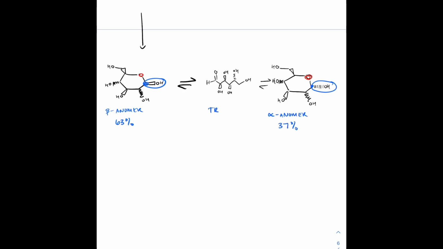If it attacks from the top, then we will get the OH projected down, and that would give us the alpha anomer circled on the right. If it attacks from the bottom, then the OH would be projected up, and that gives us the beta anomer, circled on the left.